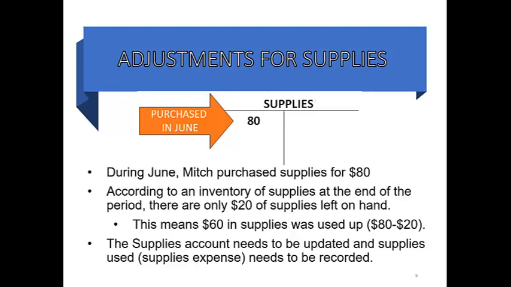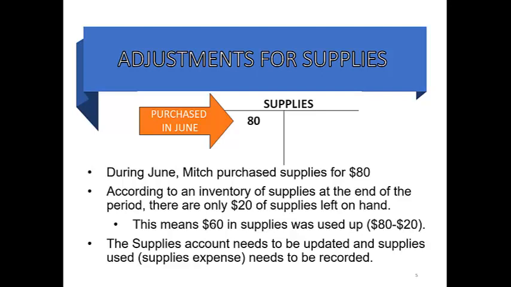According to an inventory of supplies at the end of June, there were only $20 of supplies left on hand. So if we started with $80 in supplies and we only have 20 left, that means that $60 in supplies was used up during the month of June.